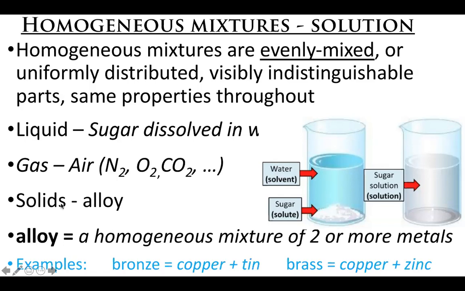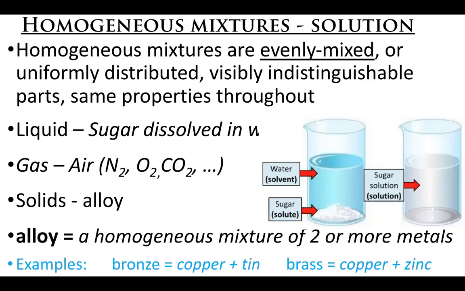The next one is a solid, or the alloy. Alloys are basically like metal. For instance, if we're thinking about rulers or keys, everybody has a key at home, right? Your house key, your car key. Those are the metal parts. They are made out of alloys, more than one type of metal. For instance, we have bronze. Bronze is made out of copper and tin.